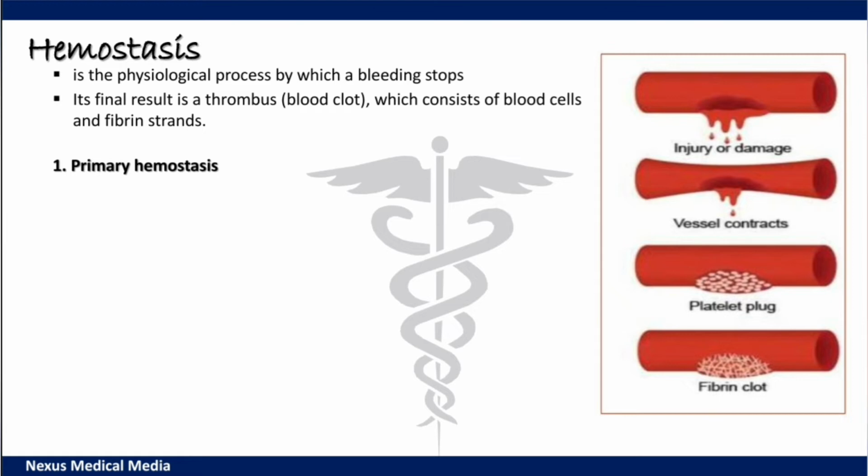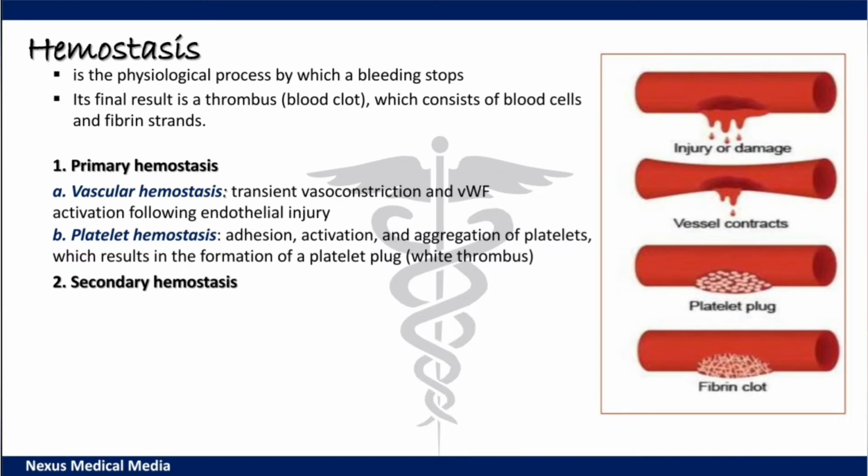Right, so there are two kinds of hemostasis: primary hemostasis and secondary hemostasis. In this video, we are going to focus on primary hemostasis. Primary hemostasis has two stages as well: vascular hemostasis, which is a transient vasoconstriction and von Willebrand factor activation following endothelial injury, and second, platelet hemostasis.